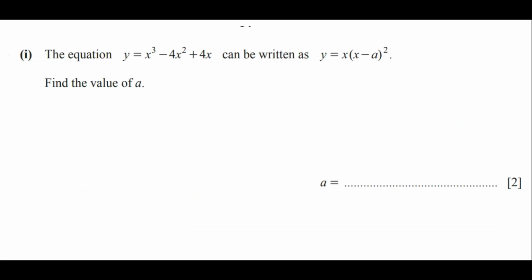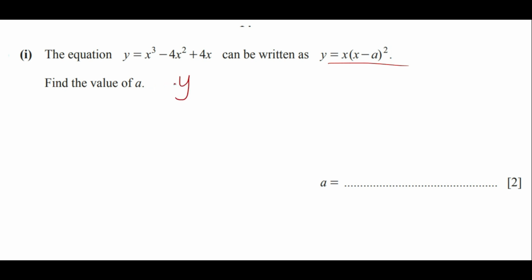Now again, this is entirely a different question, not connected to the previous one. These are all parts of the questions from graphs which students have shared and for which they want a solution. The equation y equals x cubed minus 4x squared plus 4x can be written as y equals x times x minus a the whole square. Find the value of a.